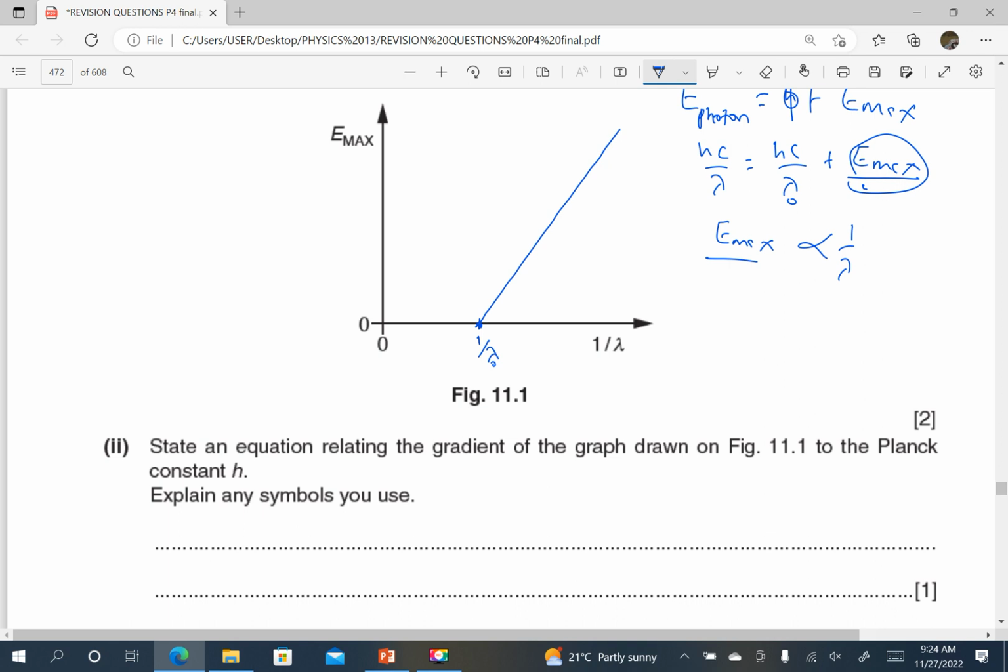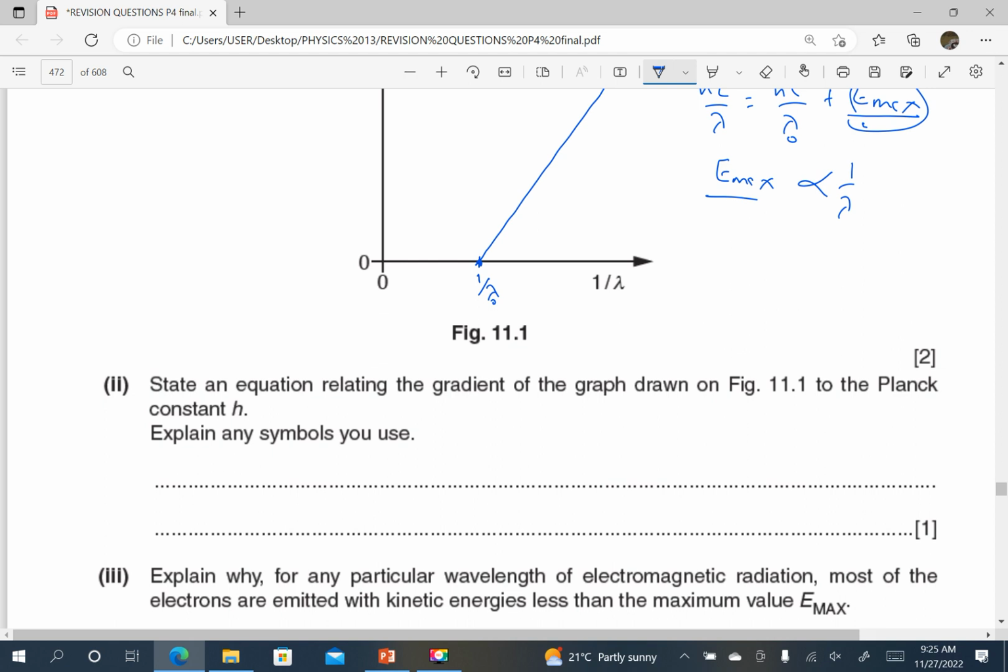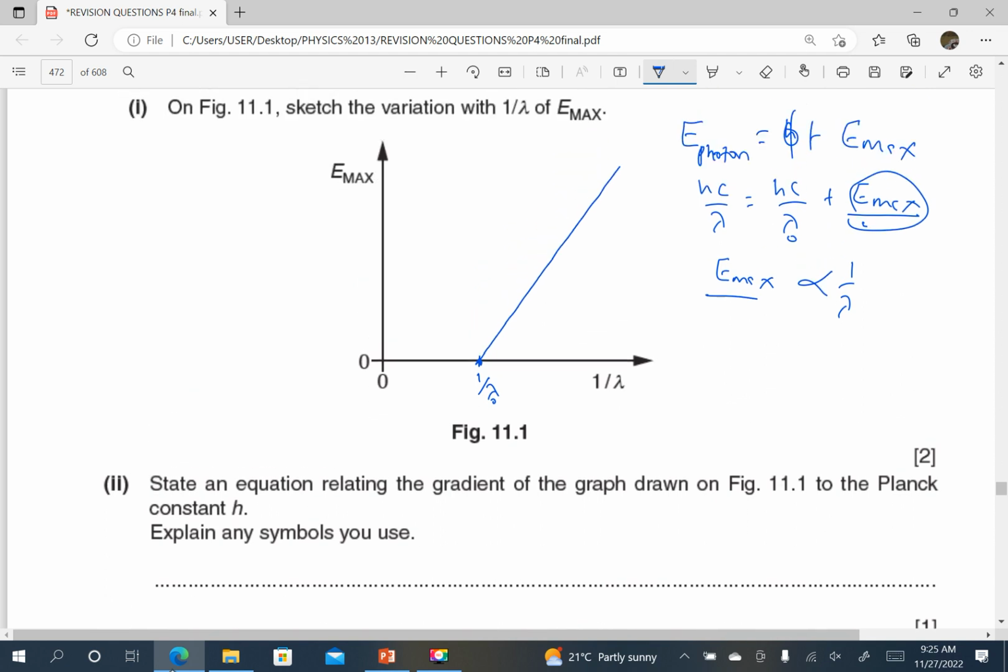Okay, state an equation relating the gradient of the graph drawn to the Planck constant, h. Explain your symbols. So you are going to notice if we plot Emax equals hc times 1 over lambda plus hc over lambda naught, y is equal to mx plus c.